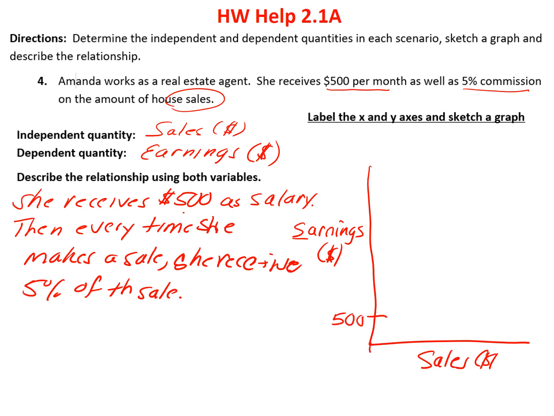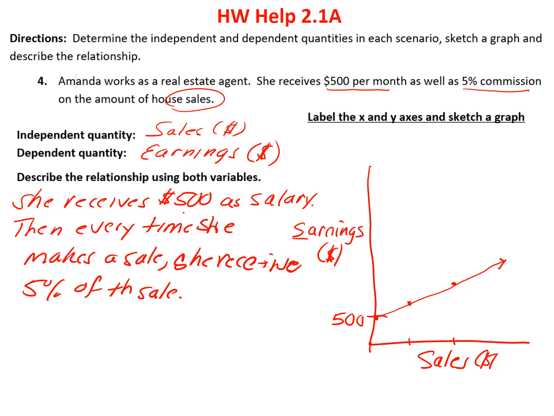So that's where our graph starts. And then every time she makes a sale, she gets 5%. So if she made a sale here, then her graph might be here. And if she got a sale here, it would be here. I can draw a graph that looks like that, which shows every time the sales is based upon the amount. So when she sells $1, she gets 5%, $2, 5%, and you can draw a line.